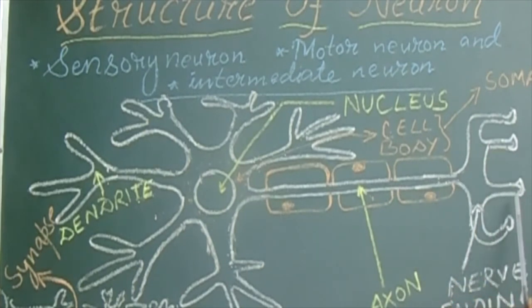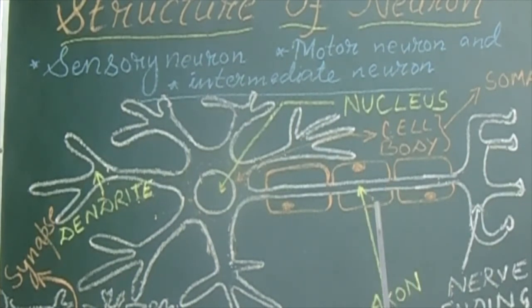Then next we will come to the end part of a neuron, that is nerve ending. What is its function? They send messages to the brain. So all this information collected by a neuron, those impulses are transmitted to the brain. Hence this is the function of neuron.